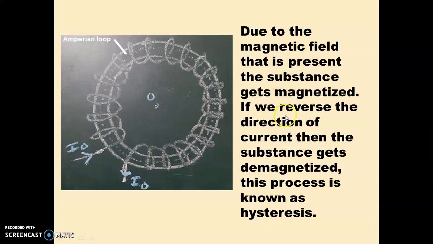If we reverse the direction of the current, then the substance gets demagnetized. See here again, now this current is flowing in this direction through this coil and comes out at this end. Due to the magnetic field that is present, the substance gets magnetized.